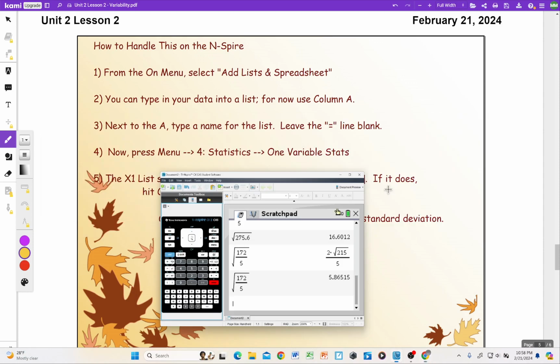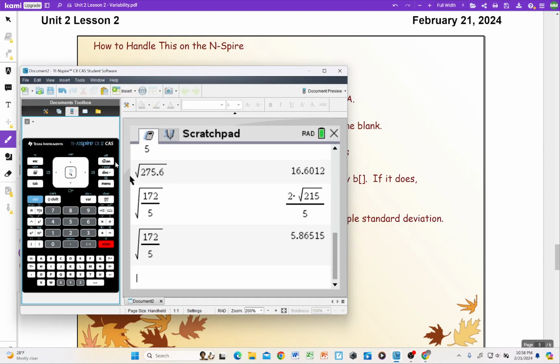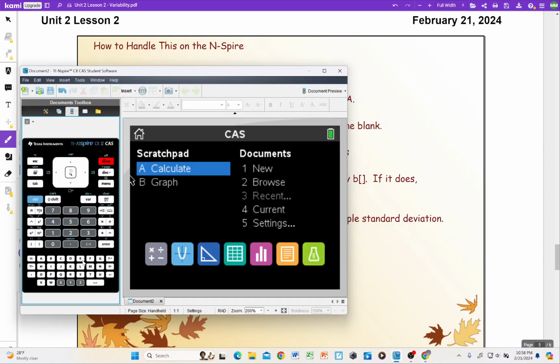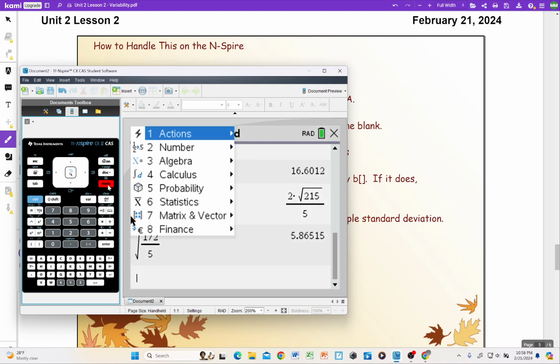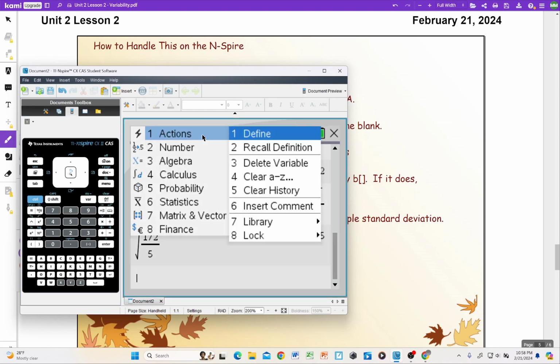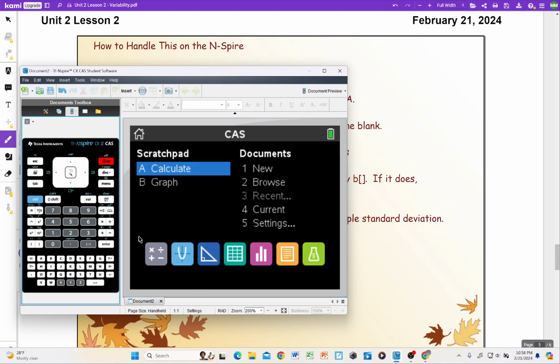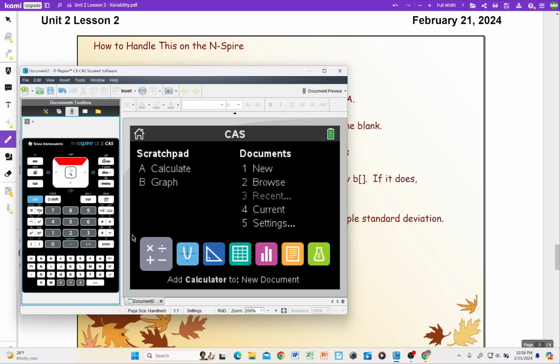So let's pull up the Inspire. Let's say you turn it on. Regardless of what screen you're on, you hit the on button, and we'll scroll down and use add lists and spreadsheets.